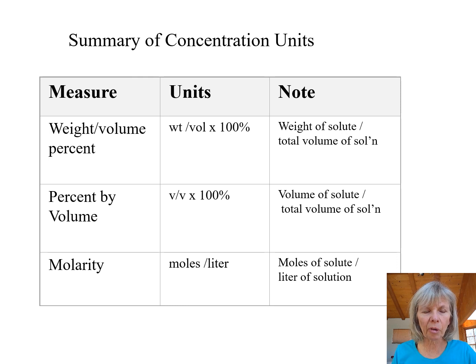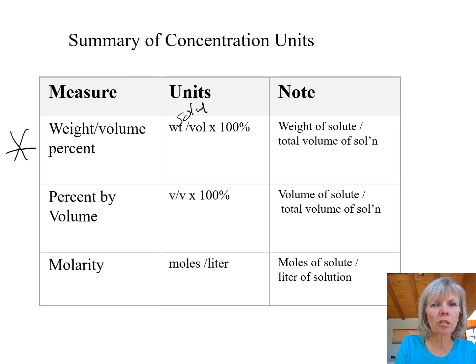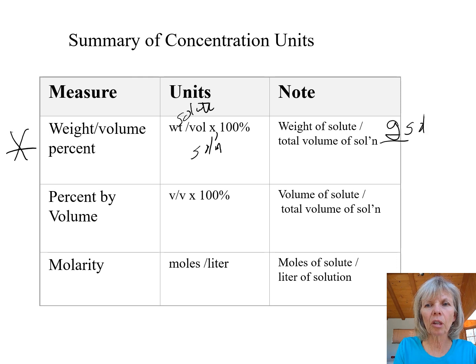Okay, this is a summary of the concentration units that I want you to know. The first one is weight by volume percent, which is the weight of your solute divided by the volume of your solution. The units for this one are grams of solute divided by milliliters of solution. And then to make it the percent, you would times it by 100.